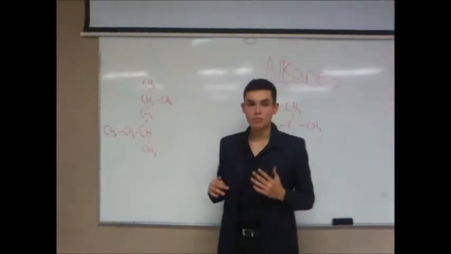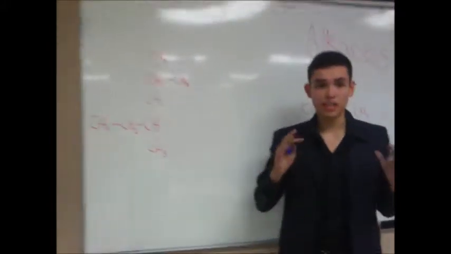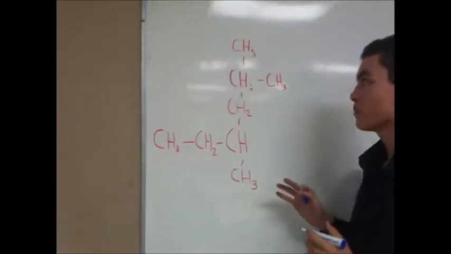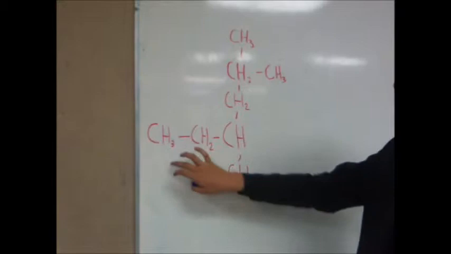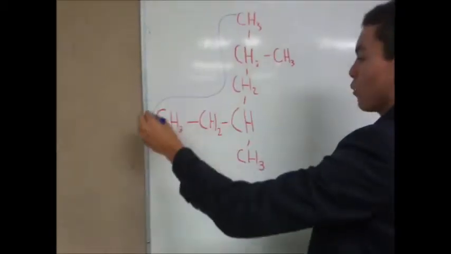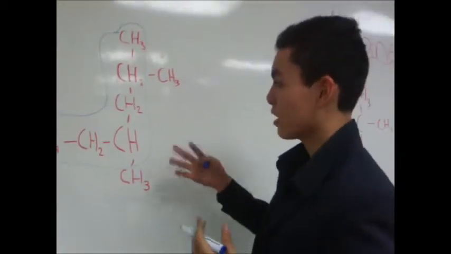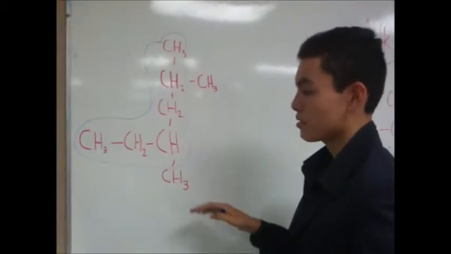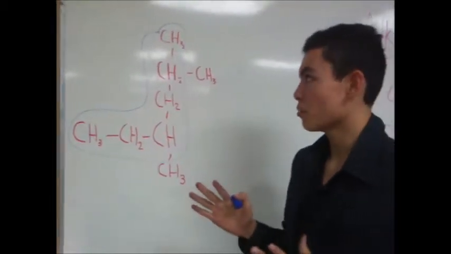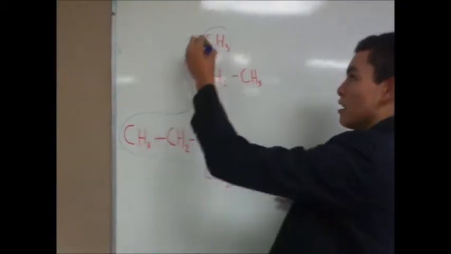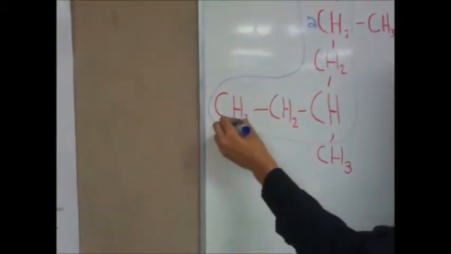Now I will name new alkanes. First of all, you have to locate the greatest carbon chain. As you can see, it is this one because it has more atoms. It has 6 carbon atoms. So I will mark this. It is chosen because if we number that chain with the substituents, the numbers will be lower. So you have to count it so that the lowest numbers are on the substituents. Like here, it's 1 and 2, and if you start here, it will be 1, 2, and 3.